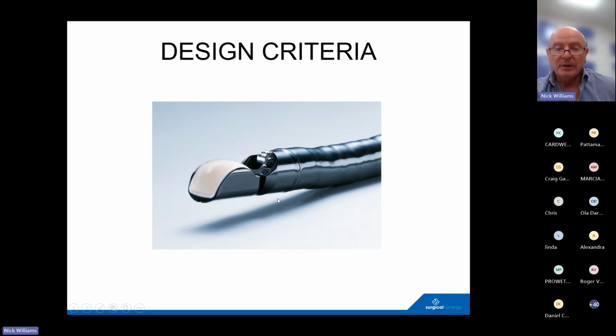Another example of a scope where there's a big amount. This is the optical aspect, and that's the channel side. And you can see here, probably some of you are wondering what the hell that is. That is a curvilinear ultrasonic transducer attached to the instrument.